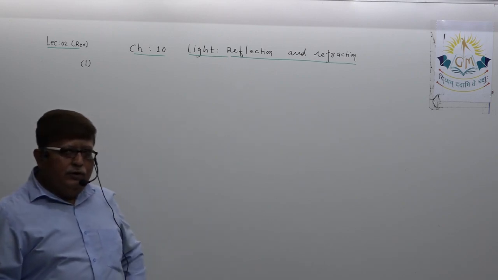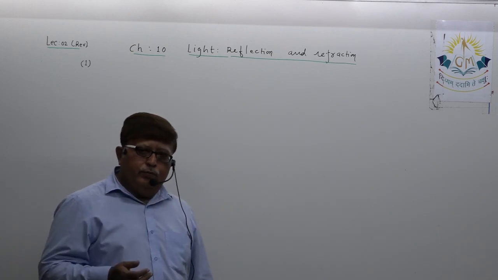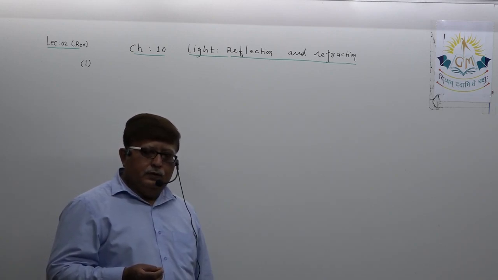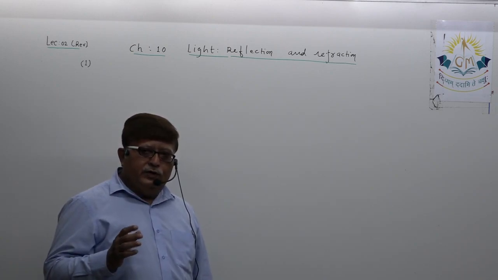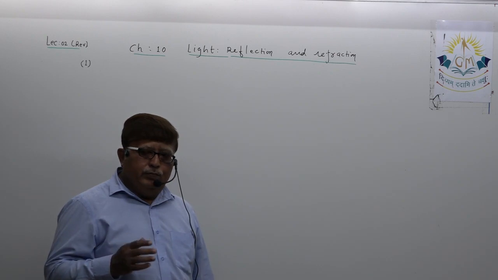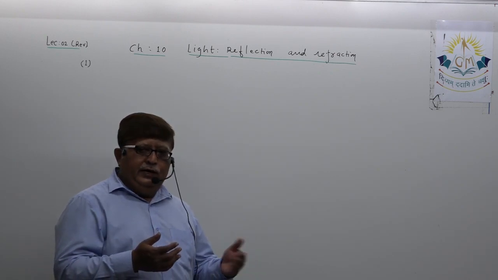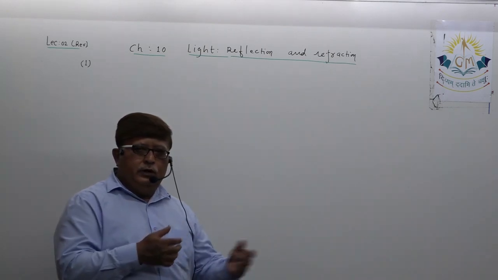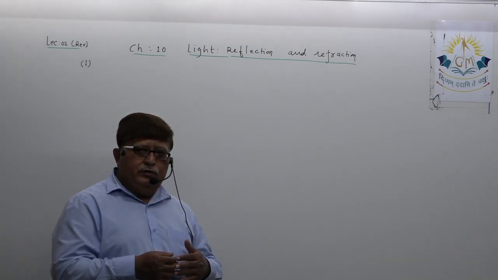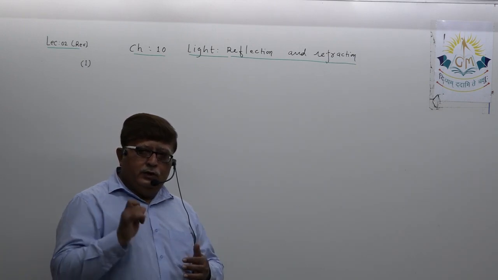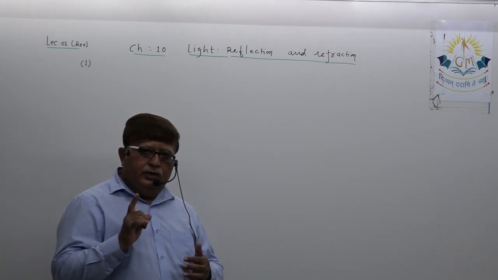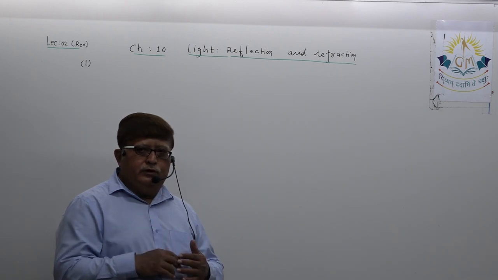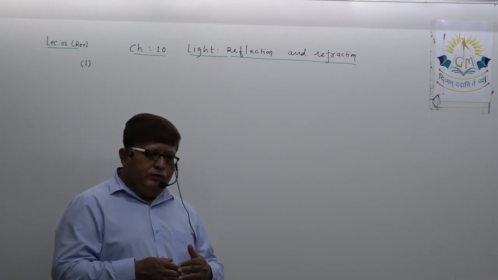You have already read the example properly. They are asking where the screen needs to be placed, at how much distance in front of the mirror or behind the mirror. That means, dear student, they are demanding the image distance from us.